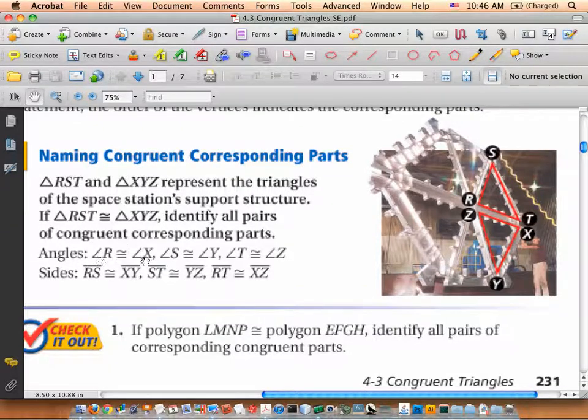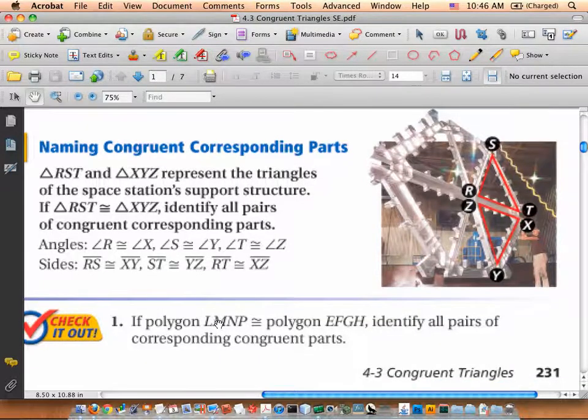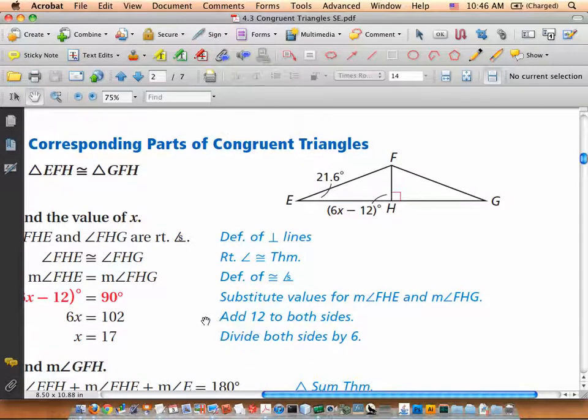So angle R is congruent to angle X, S is congruent to Y, T is congruent to Z. That's all the angles. Segment RS is congruent to segment XY, ST congruent to YZ, RT congruent to XZ. That's all it means to identify. Is that something you think you can do? Pretty straightforward, right? So identifying, not a problem.